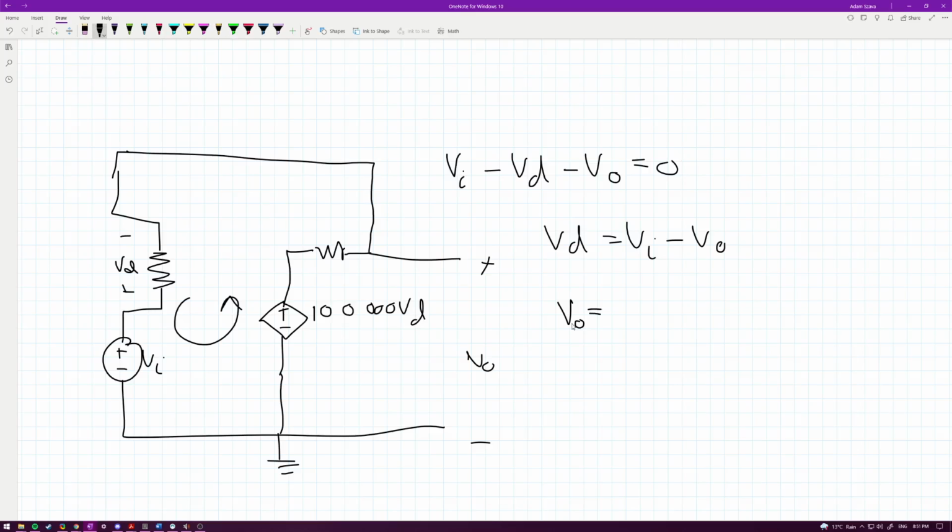Yeah, okay. So this is plus minus VX. So VO is 100,000 VD plus VX, right? The voltage across that. So combining these equations, we get VD equals VI minus 100,000 VD plus VX.